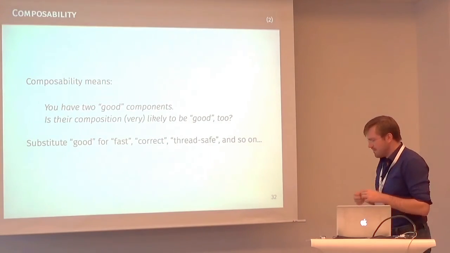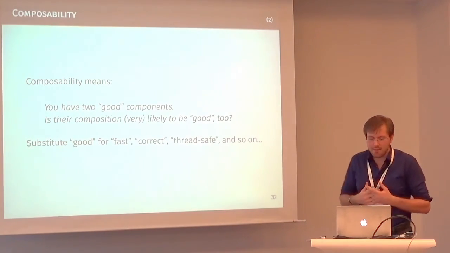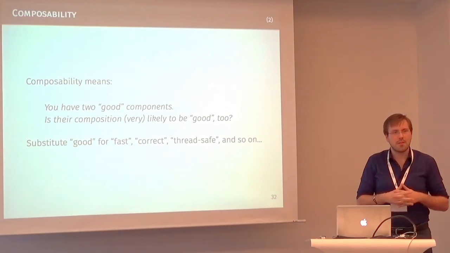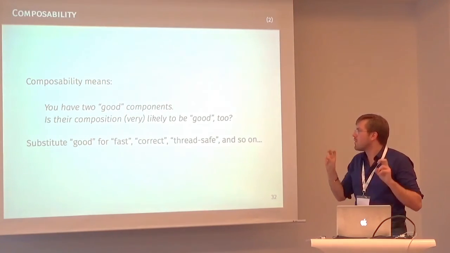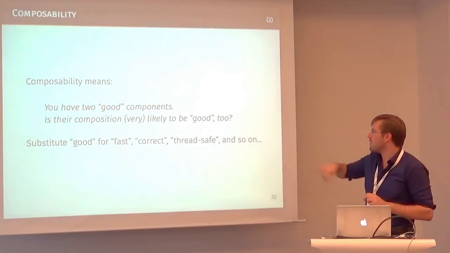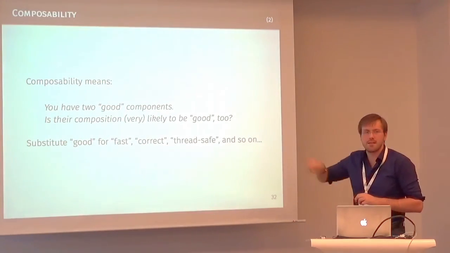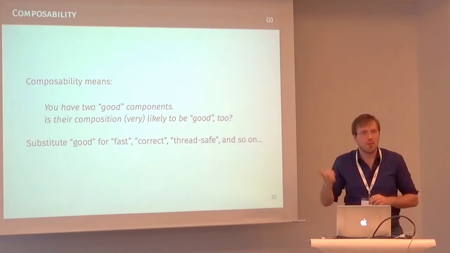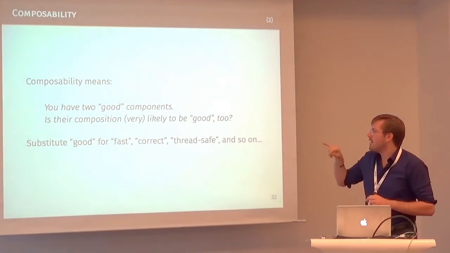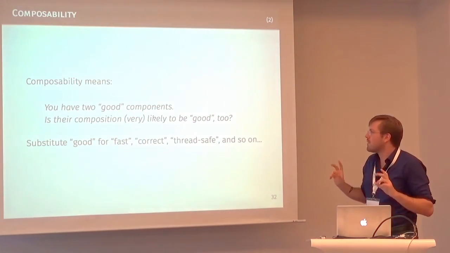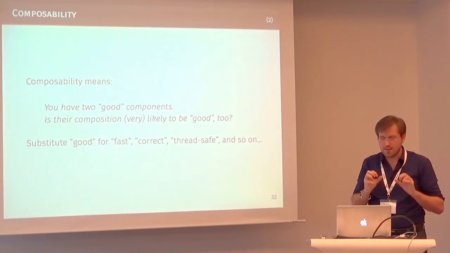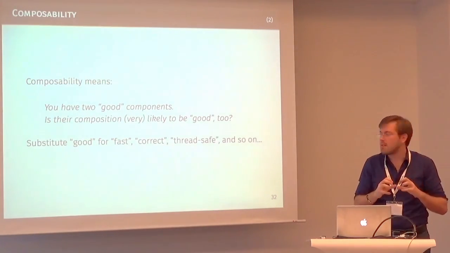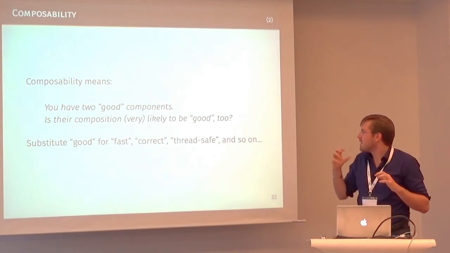Okay. When you ask yourself, is your code composable? You have to ask, if I have two good components, substitute good for anything, fast, correct, thread safe, good looking. Is their composition, so the system that results from putting them together, still good?